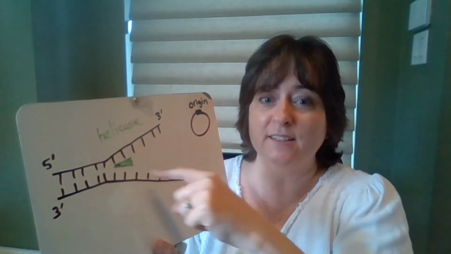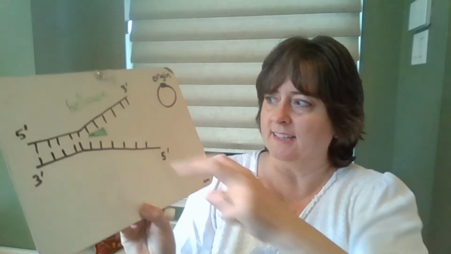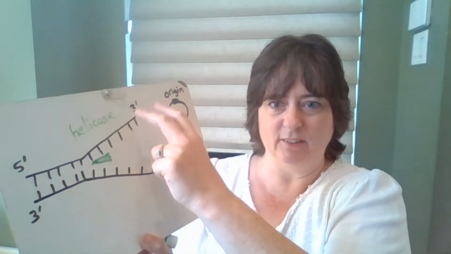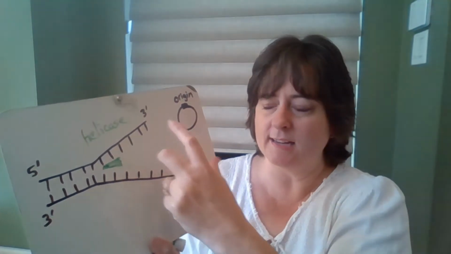If these were two strands of Velcro and they were getting separated, and I had very long strands, you can see how these two strands are going to want to come back together, right? They're sticky, they bind. So we're going to need a way to hold these strands apart. The next thing that comes in are these proteins called single-strand binding proteins.